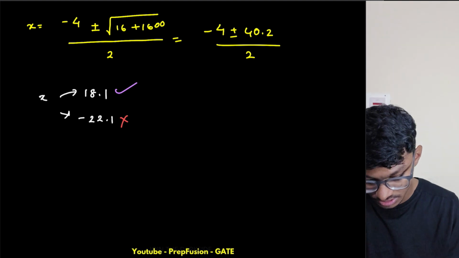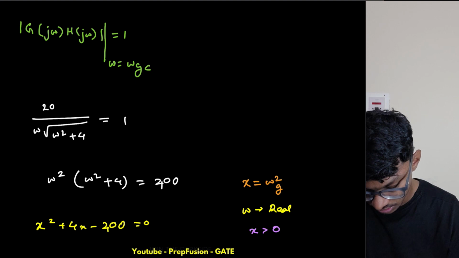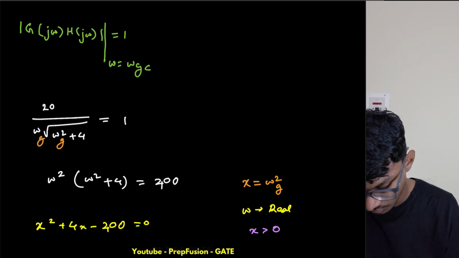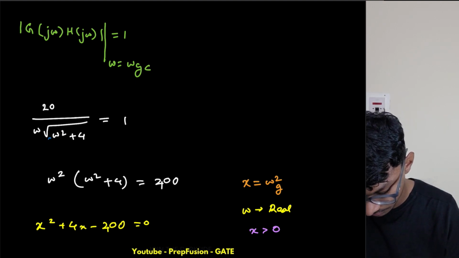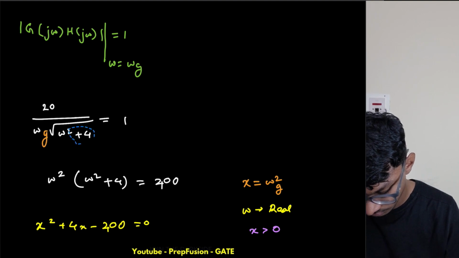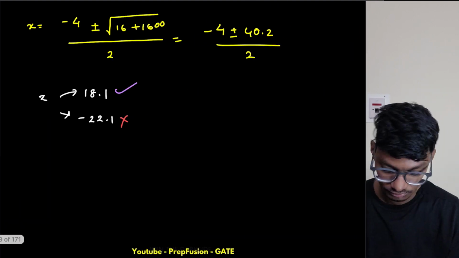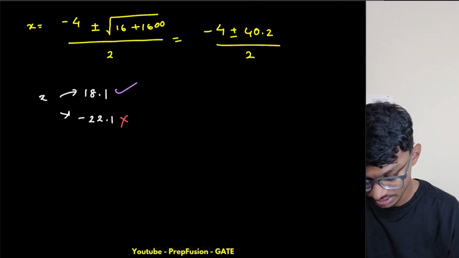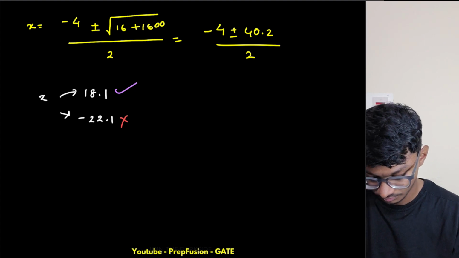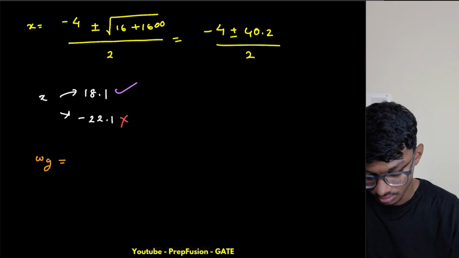So this is omega g. Sorry, I forgot to write this. These are omega g. So my omega g will be simply under root x.